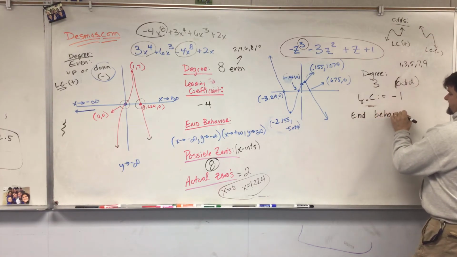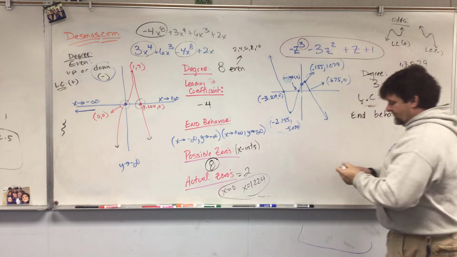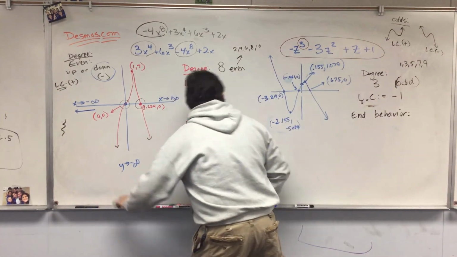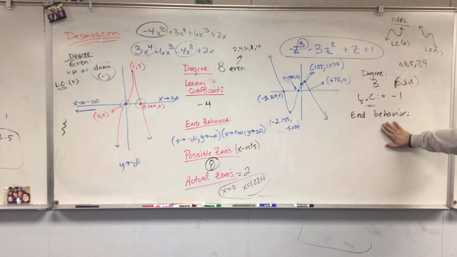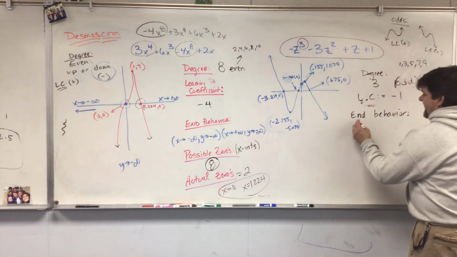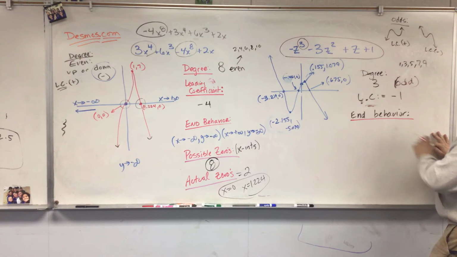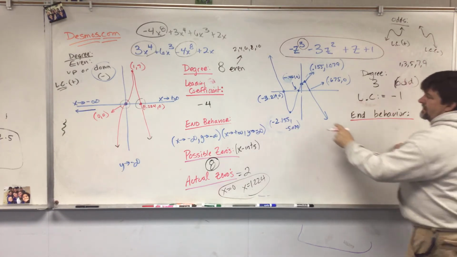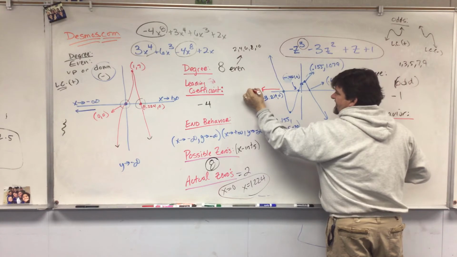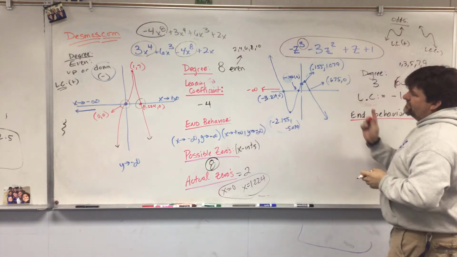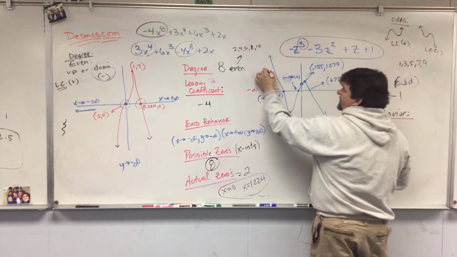Remember, put these in Desmos. So our end behavior, guys. So if this is our end behavior, let's look at the graph to talk about the end behavior. If I'm going this way towards negative infinity, right? If I keep going to the left, what does this one do?